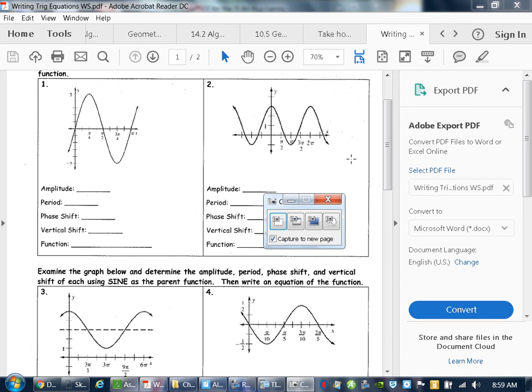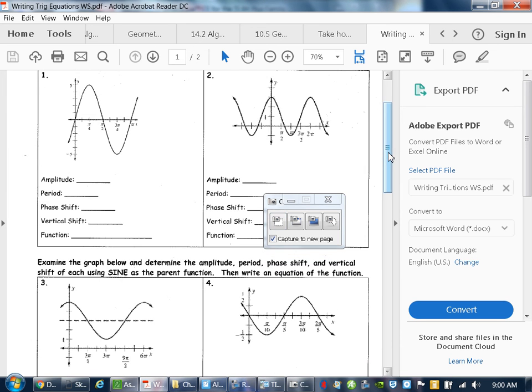Look at the difference, on this page here, between number 2 and number 3. Why is that line there, you think? The line at 3.